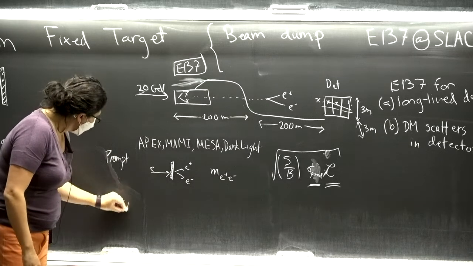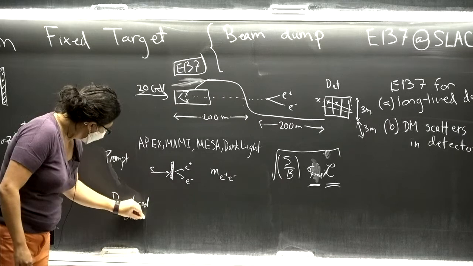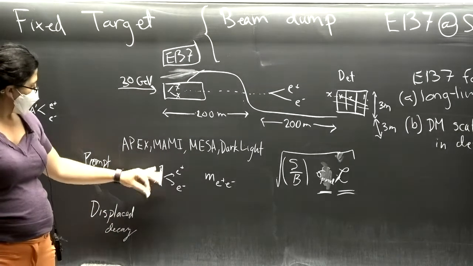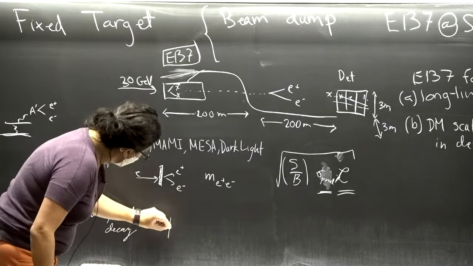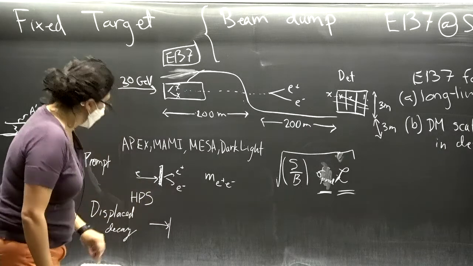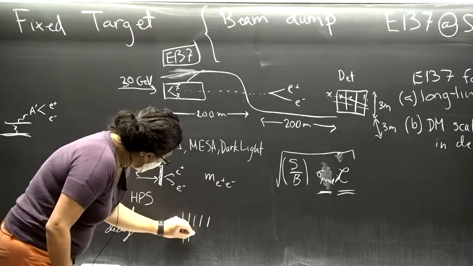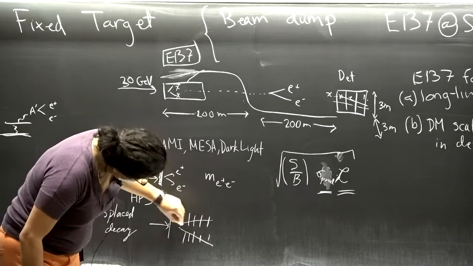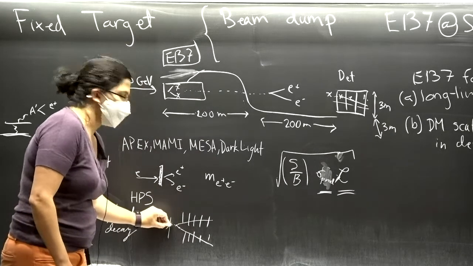And then there's also displaced decay searches, which tend to use somewhat lower luminosities, both lower current beams and thinner targets. But then, HPS is the main one with an electron beam, and it uses a forward silicon tracker to reconstruct displacements of the decay products from the target position.